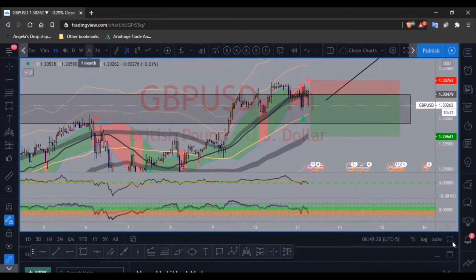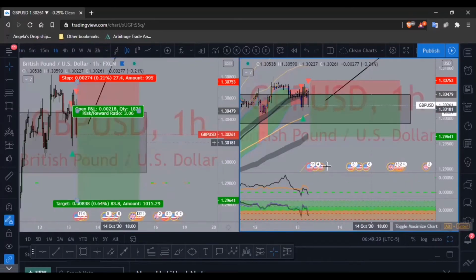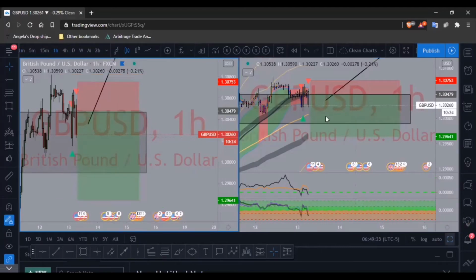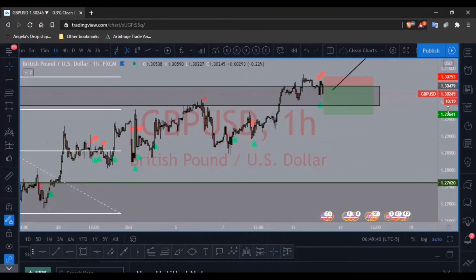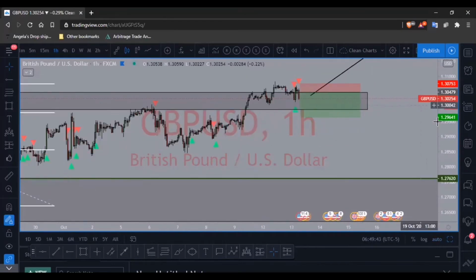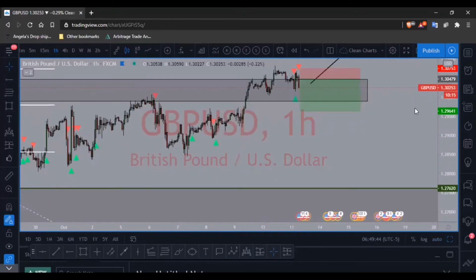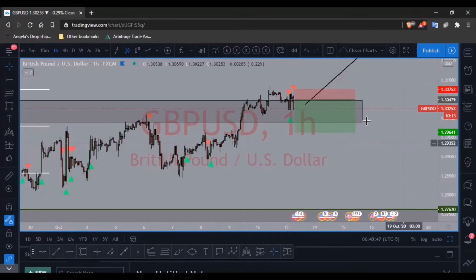So let me go back to regular charts. The indicator on the left is literally the same thing that's on the right, just without all the bands and stuff like that.